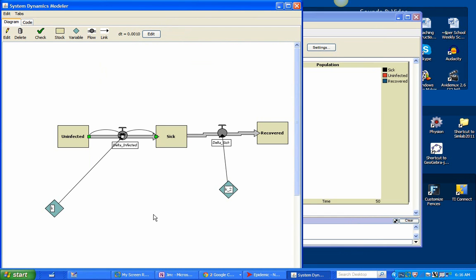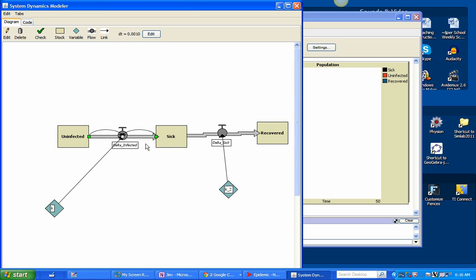This is a NetLogo systems dynamic model of an epidemic. And we've got 3 boxes here, and these are called stocks. And each box contains a certain number of people. Originally, you're going to have a few sick people who have the disease. Just about everybody else is going to be uninfected over here.